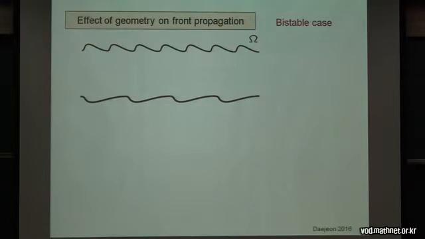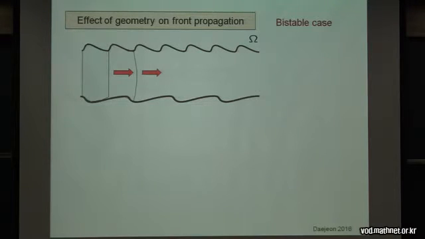So, the effect of geometry on front propagation. Suppose you have initial data here, and if this initial data is large enough, the front starts to propagate to the right.